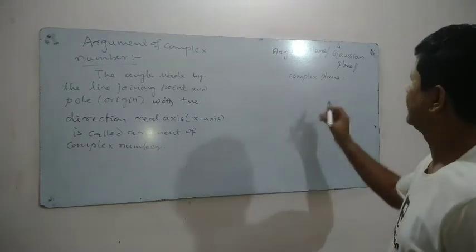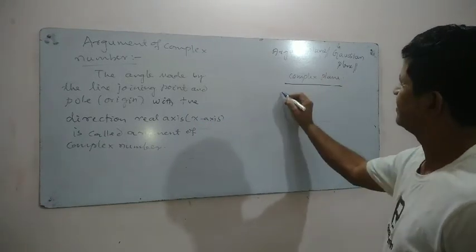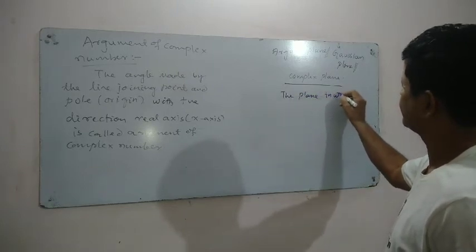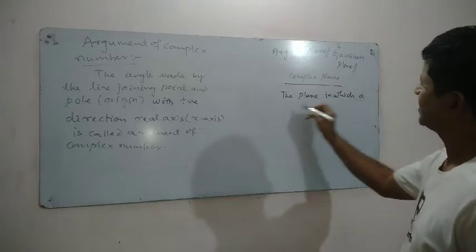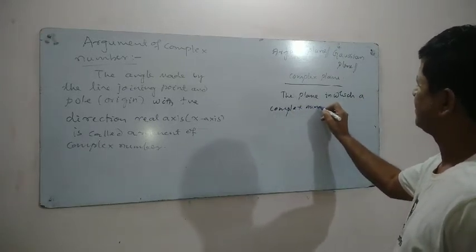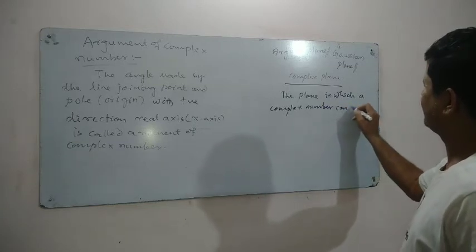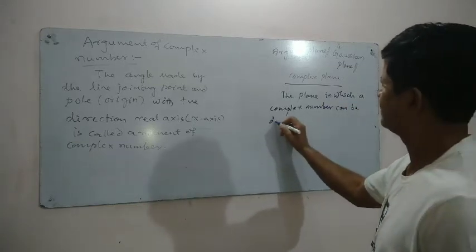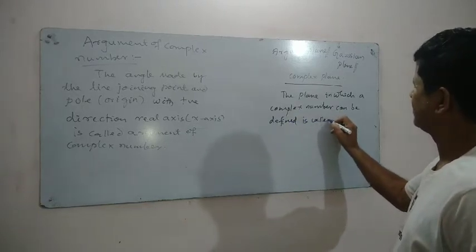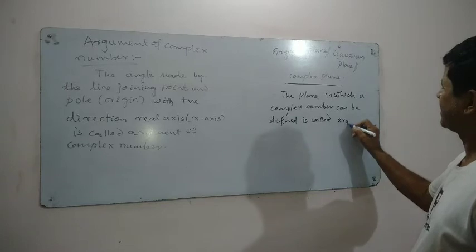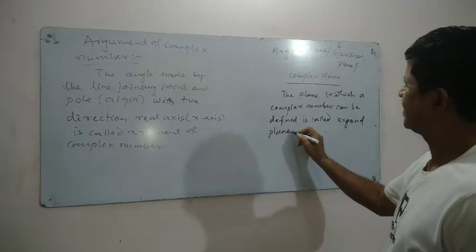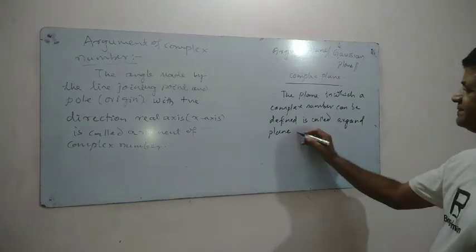But what is the Argand plane? The plane in which a complex number can be defined is called the Argand plane, or Gaussian plane, or complex plane.